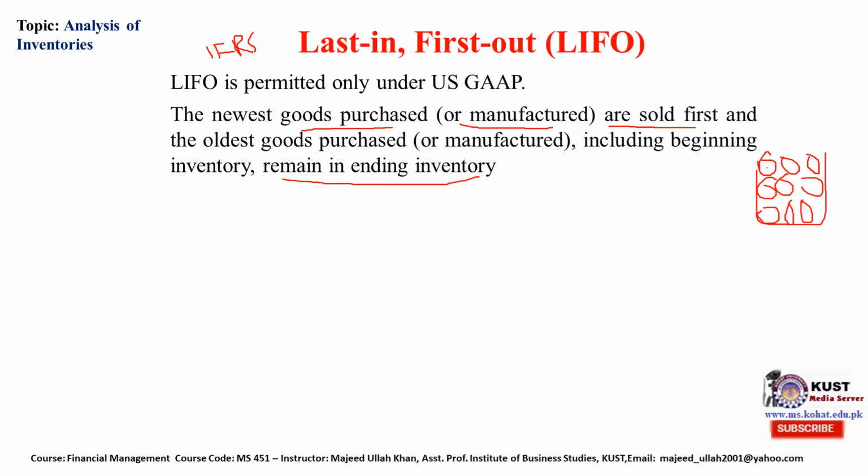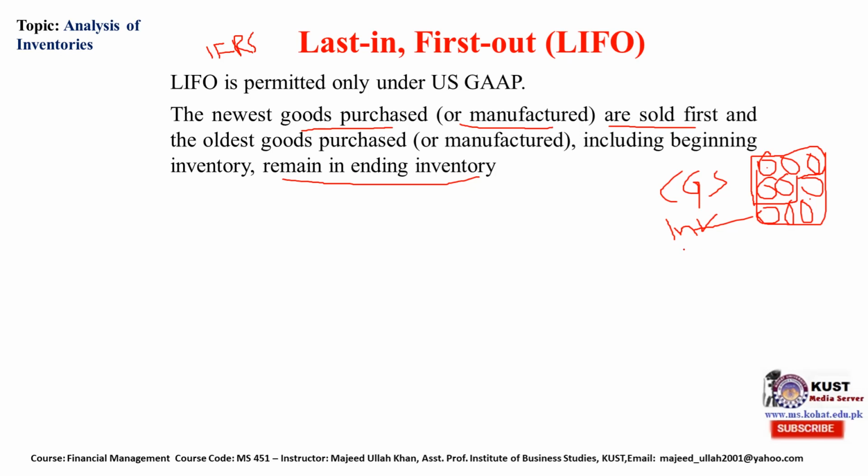Under the LIFO method, if we sold 5 units, we will sell those which are recently purchased or recently manufactured. We will go to C, G, S, and this will be assigned to inventory. So the oldest units, this is beginning inventory, and the oldest orders purchased will remain in inventory.